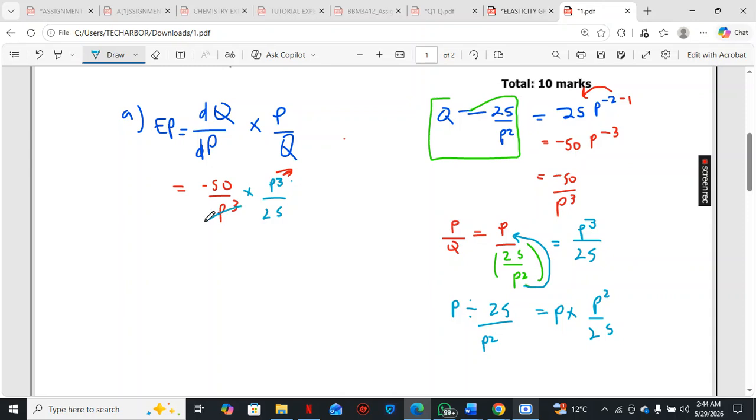So these P cubes cancel each other out. Negative 50 divided by 25, that is negative 2. Okay, this is our point elasticity of demand.